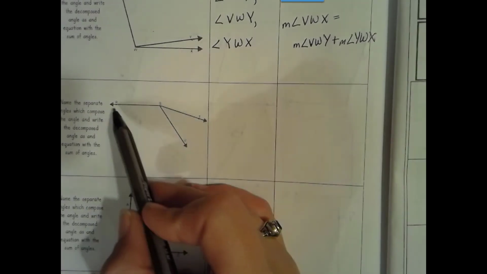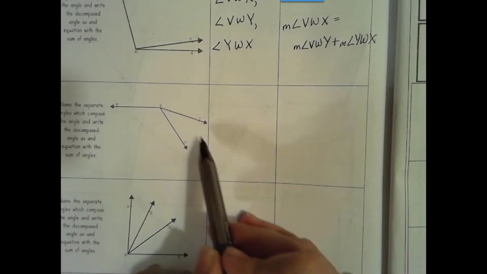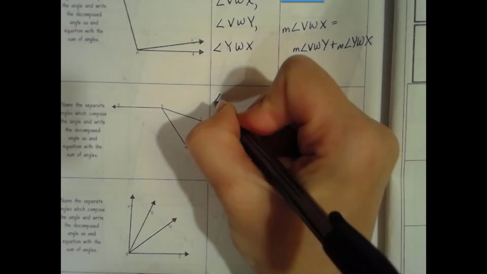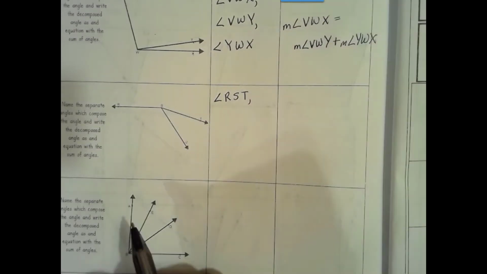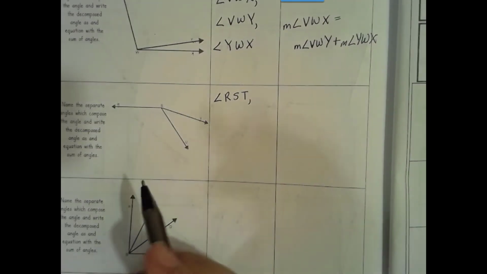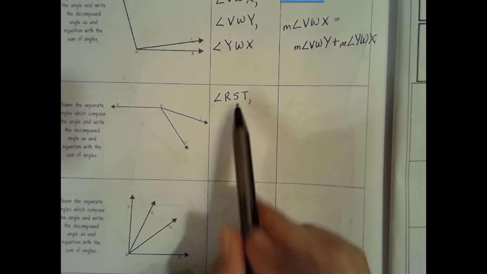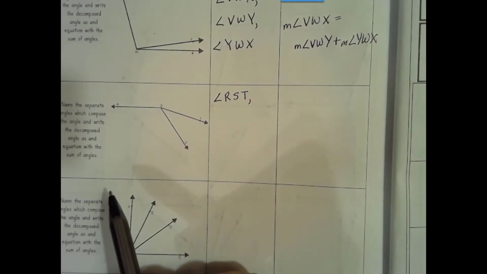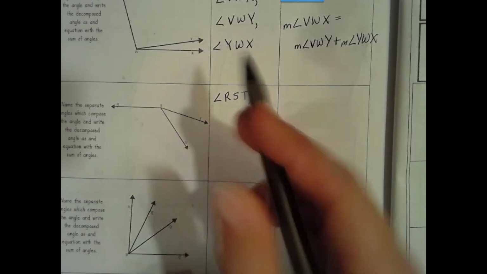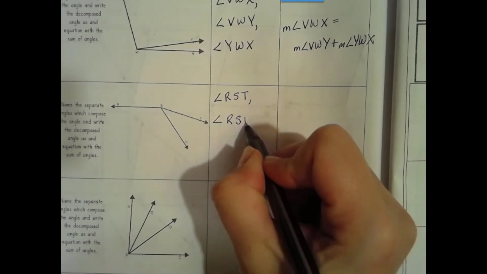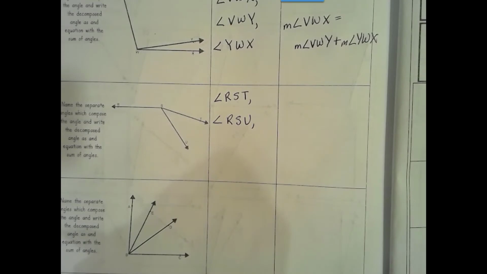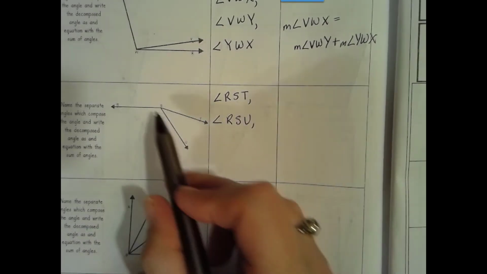Okay, now our largest angle, angle RST, or you could write it as TSR as long as that vertex is in the middle. Okay, then we have angle RSU. And we have angle UST.